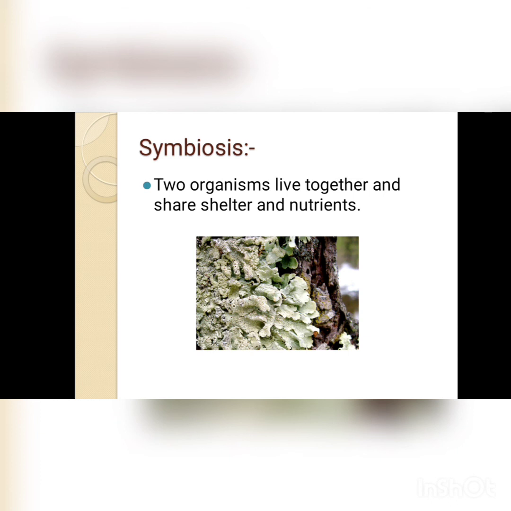I hope you have learnt in the chapter on acids, bases and salts that lichen is a natural indicator, and it also shows a symbiotic relationship. How? Algae and fungi both live together and share their shelter, nutrition, water and minerals. Clear? That's why we call them lichen. If someone asks what lichens are, lichens are organisms showing a symbiotic relationship, where algae and fungi live together.